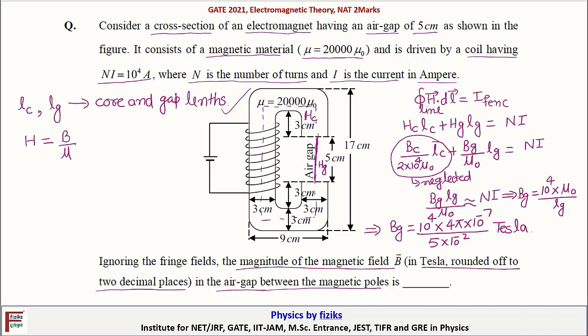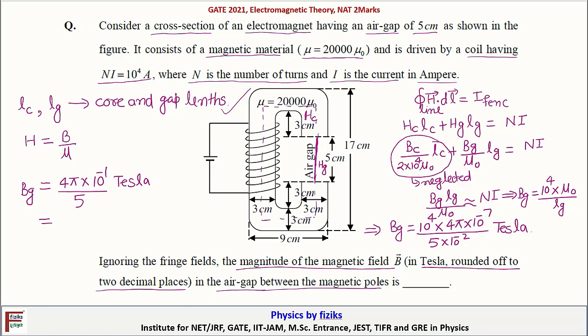If we calculate this value, Bg can be written as 4 pi into 10 to power minus 1 Tesla divided by 5.